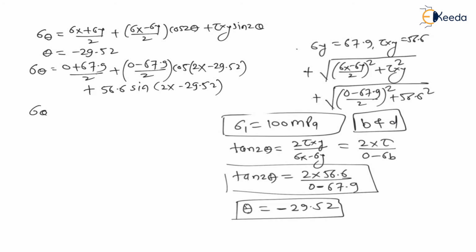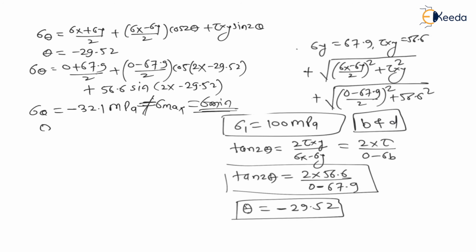Now if I find sigma theta from this formula, you will find that sigma theta is equal to minus 32.1 MPa, and this is not sigma max, right? It must be sigma minimum. But they are asking what is the plane of sigma maximum.